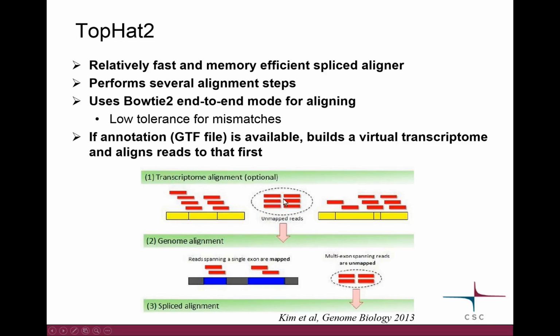If we start from here, the red bits here are the reads, and the very first thing TopHat does is, if you supply it with the location of the known genes, exons and introns, it will use that information and create the transcripts on the fly, because it knows the genomic sequence and it knows where the known genes are.